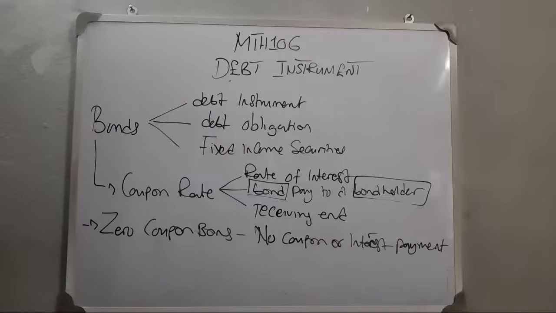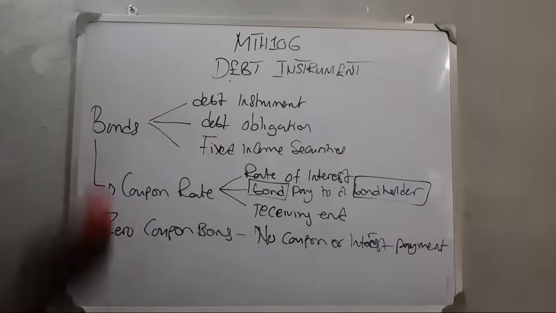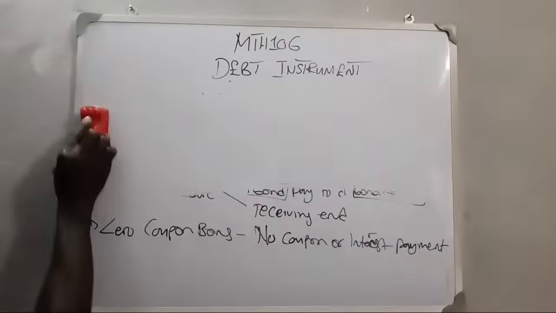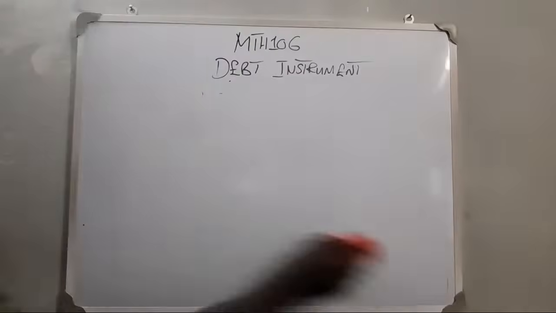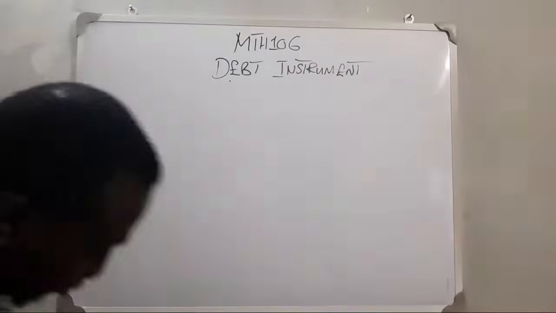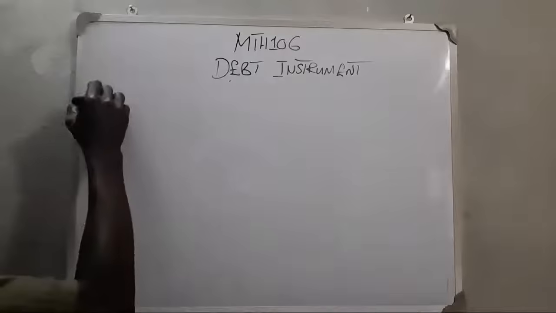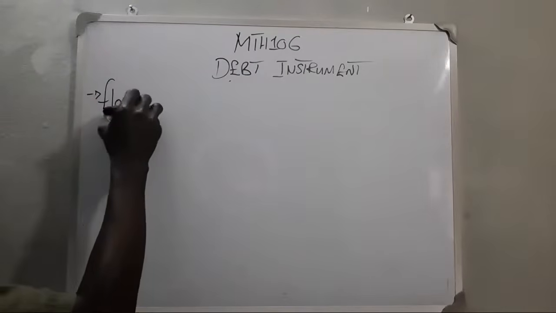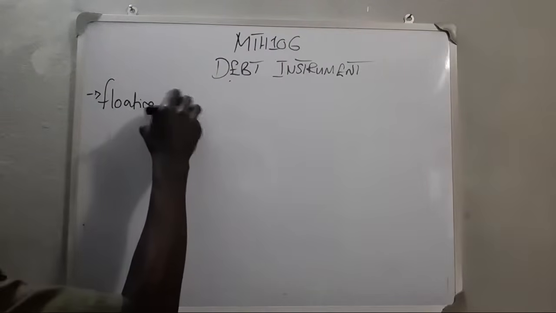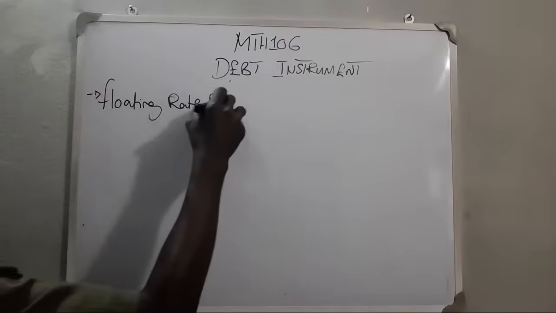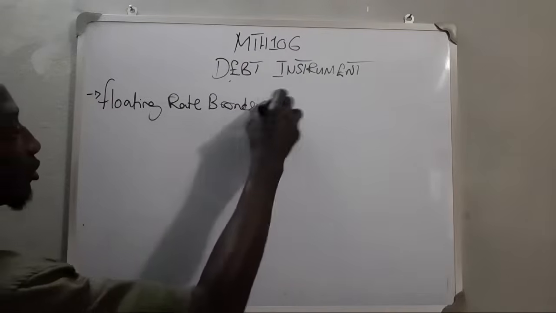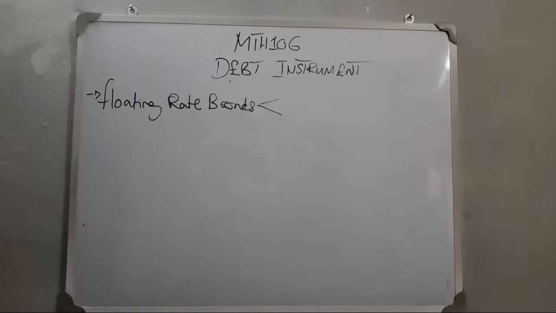So we have floating rate bonds. Now, the floating rate bond has a coupon rate that is pegged to a benchmark.